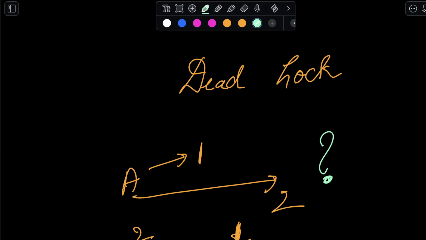So if mutex already solves the critical section, why do we need a semaphore? And how to avoid deadlock?